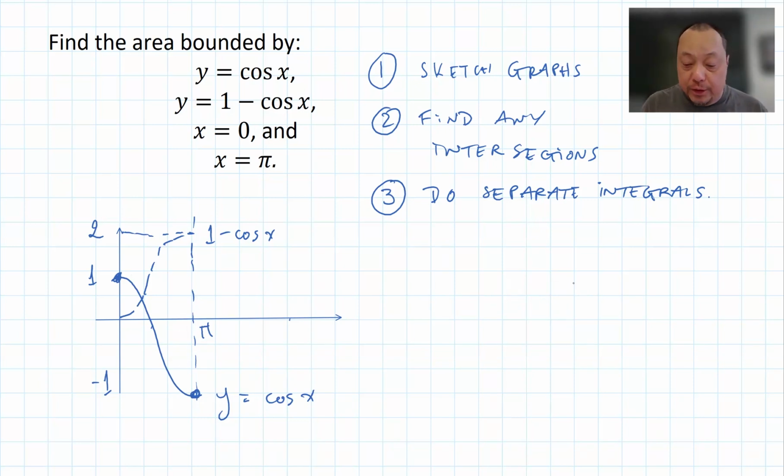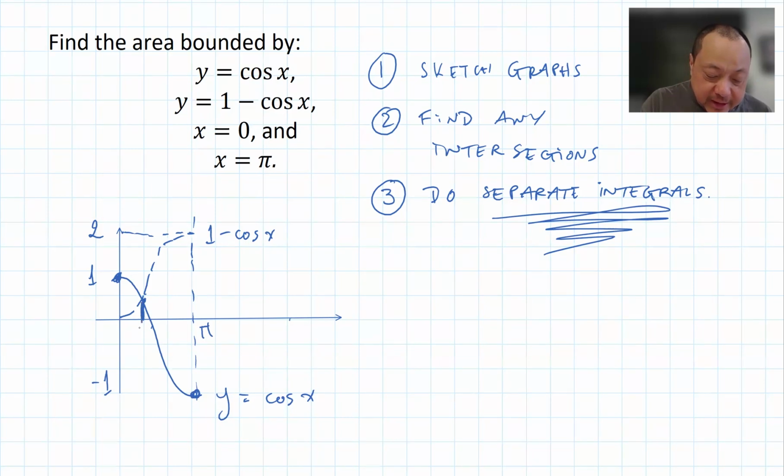Those are my two curves, and I see ahead of time that I will have to have separate integrals. Have to have one integral between 0 and this point right here, x naught that I don't know yet, where this integral is cosine x minus the 1 minus cosine x, the solid graph minus the dashed graph.